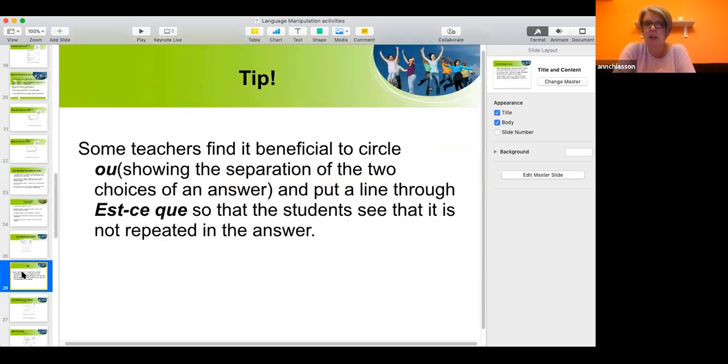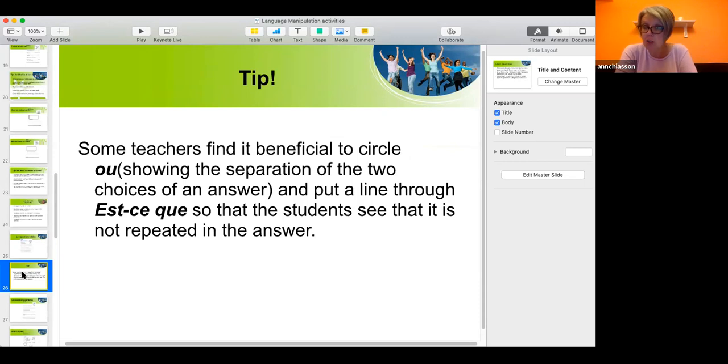Now, a little tip. Some teachers find it beneficial to circle ou, because dans les questions totales, there's a separation. Est-ce que la poule ma boule habite dans le ciel ou à la ferme. So we show the students to circle ou. That shows the separation of the two choices, the two possible answers.